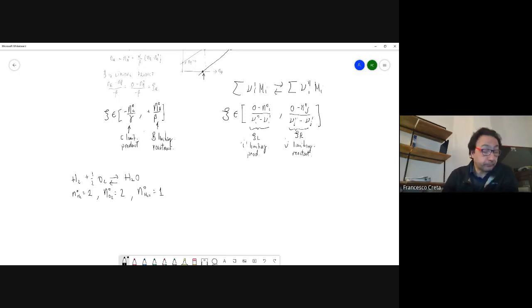So you follow exactly the procedure as before. For psi L, you think of the reaction completely shifted to the left. Obviously you have just one product, so the limiting product is clearly just water.